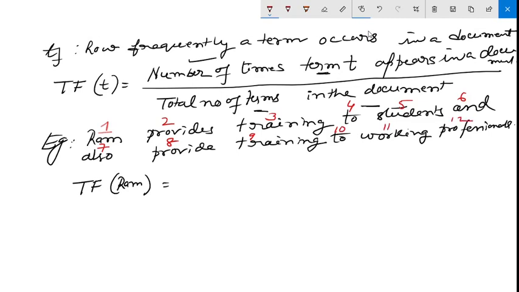How many times has RAM appeared? 1 by 12. Correct. The number of times term RAM appears in the document is 1. The total number of terms in the document is 12. So this is term frequency.